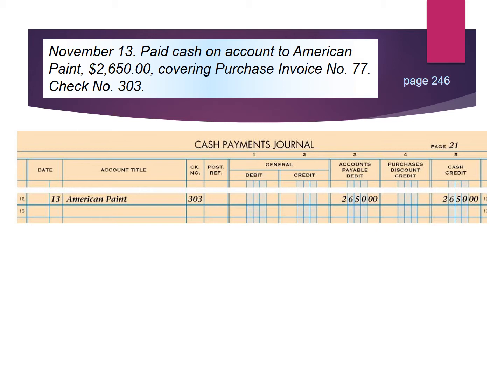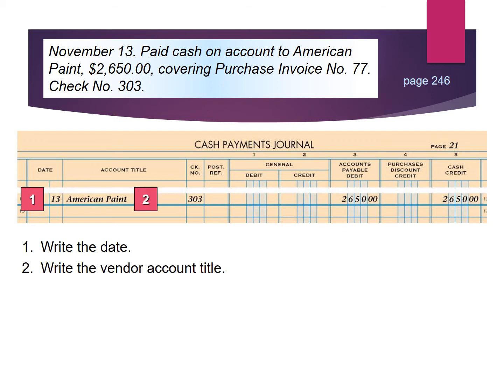The account to be debited would be our accounts payable, and our credit will be cash. Notice that there was no discount taken. So we will write the date, and in the account title we will write the vendor account title, because that applies to our accounts payable debit.